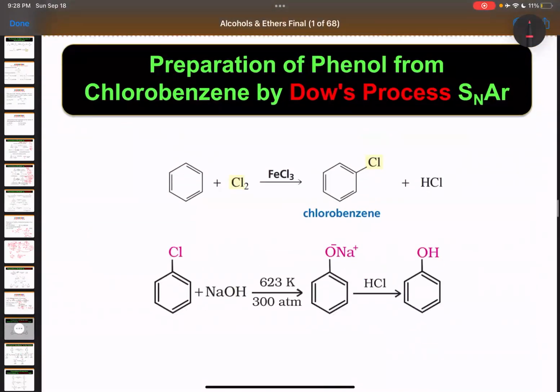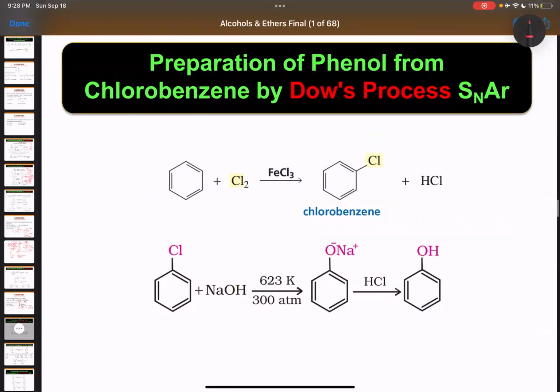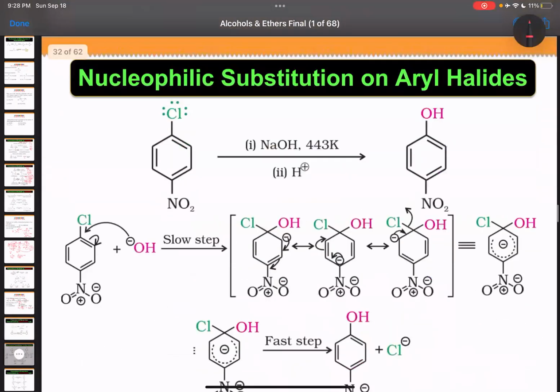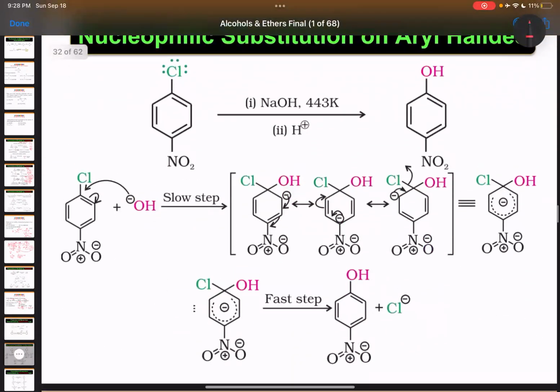So this preparation of phenol from benzene you know already. First we need to make chlorobenzene, and then we need to heat it with NaOH strongly. So that is bimolecular nucleophilic aromatic substitution, which we did earlier. Yes, sir.